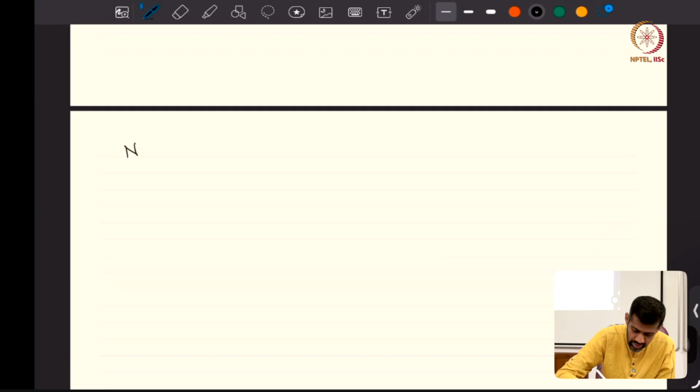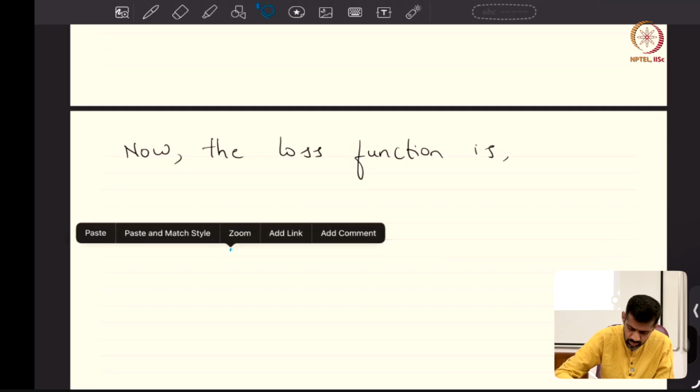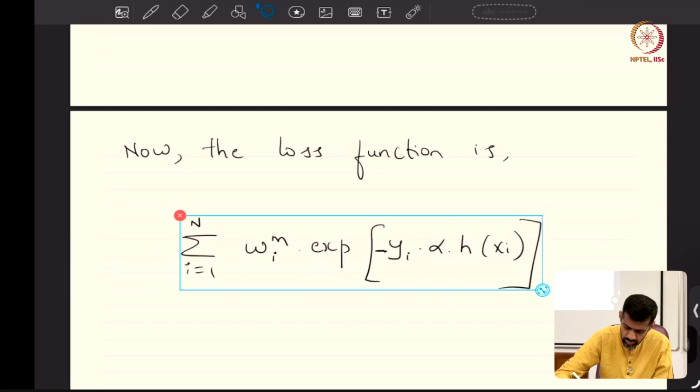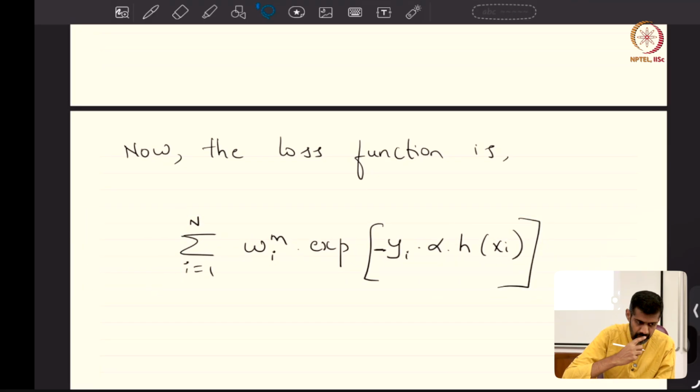Now, the loss function is this term now, right?